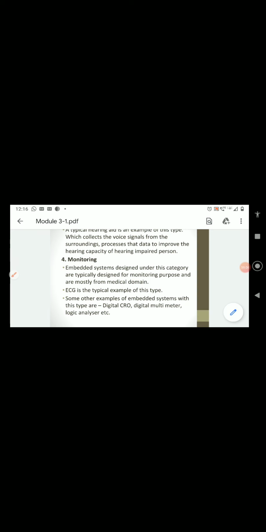A typical example of this type is the ECG. Some other examples of embedded systems of this type are the digital CRO, which we have seen in the laboratory, the digital multimeter, and the logic analyzer. They are all used in electronics laboratories, so they come under the monitoring part.